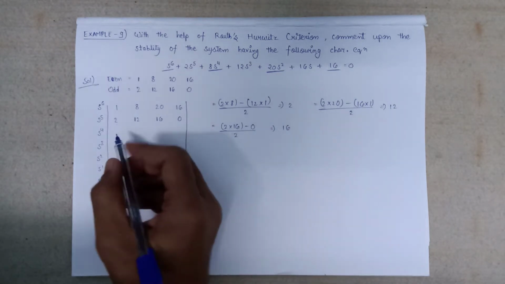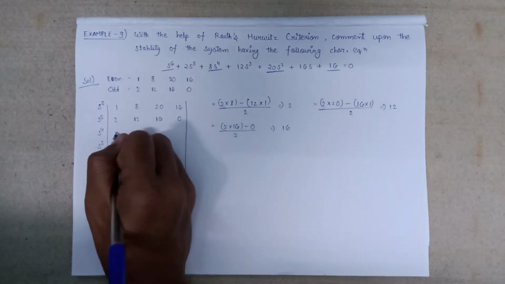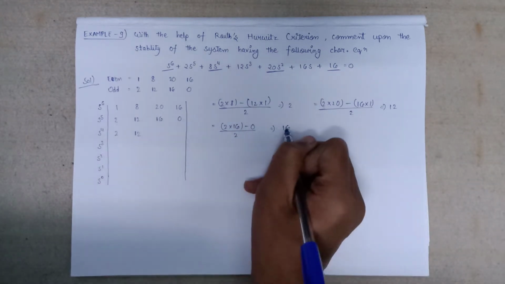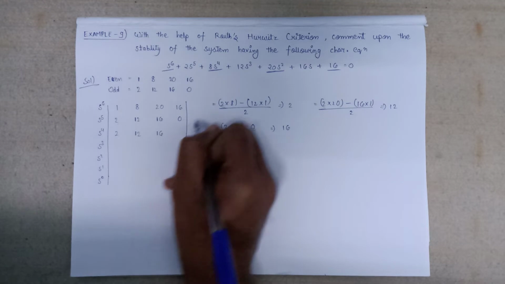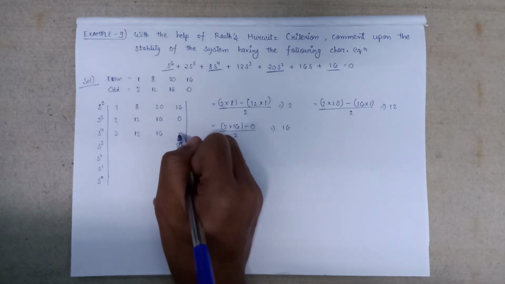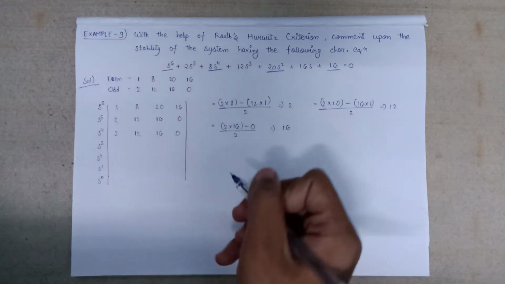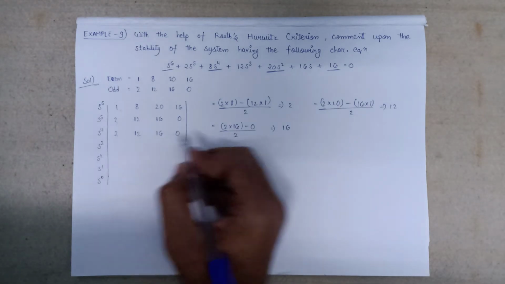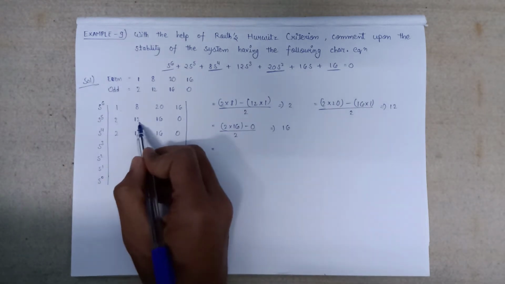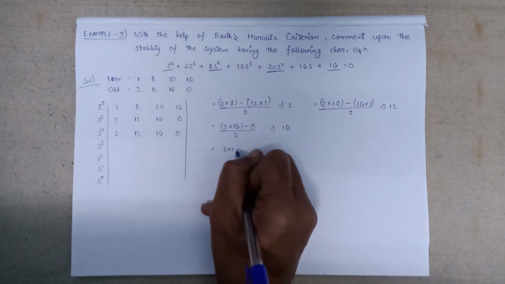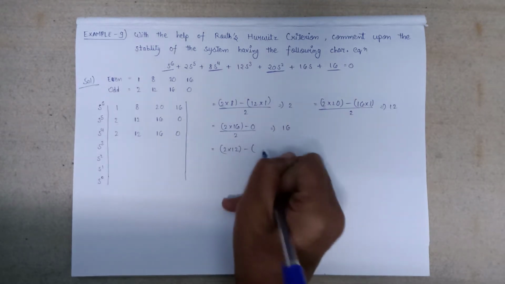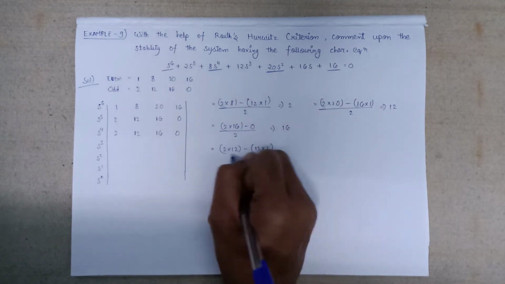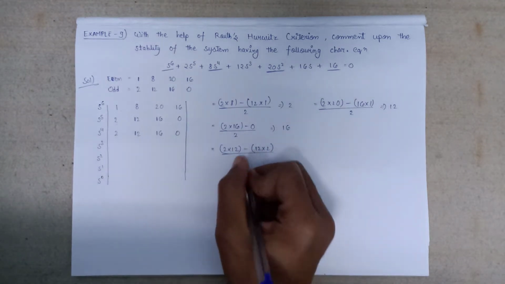Writing the results in the Routh array, 2 is written here, 12 here, 16 here, and since no term remains for further multiplication, we write 0. Later we again do the same multiplication. So 2 multiplied with 12 minus 12 multiplied with 2, whole term divided by 2.